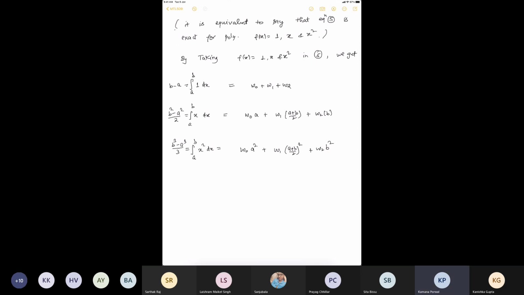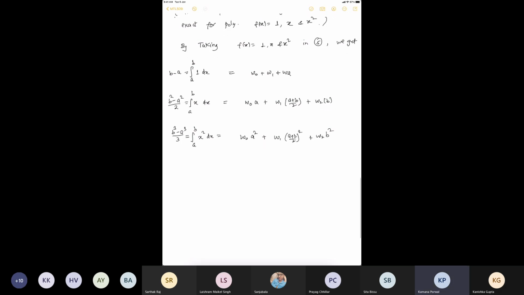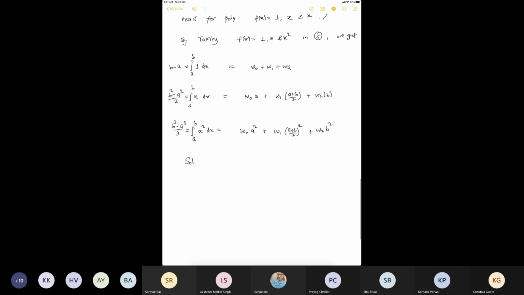If you take the determinant of the matrix, you just try to write it in the matrix form and try to find W0, W1, and W2, right? And upon solving, I'm not really going to solve this.